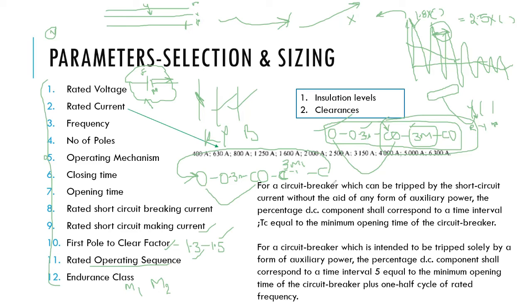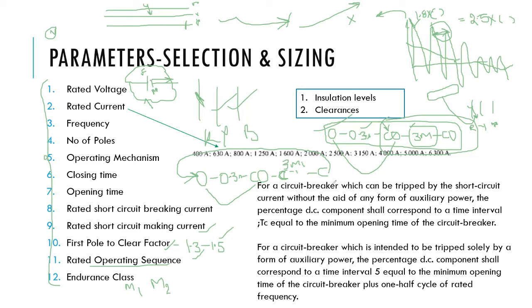The generator circuit breakers, which are placed near the generators, experience this DC component. For those breakers, we have to mention that my short circuit current, suppose 33 kV is my generator, is not just 25 kA.